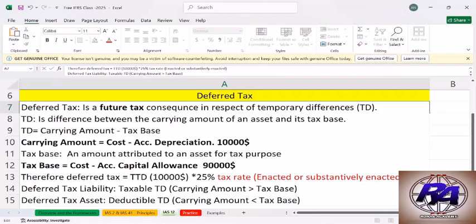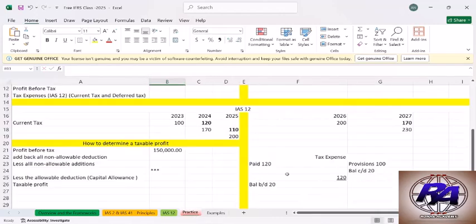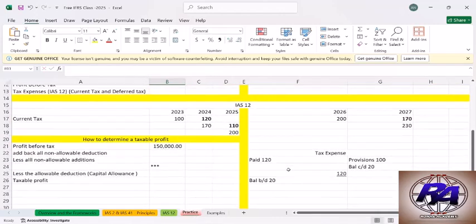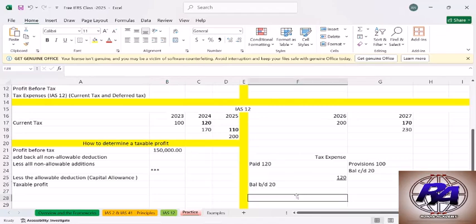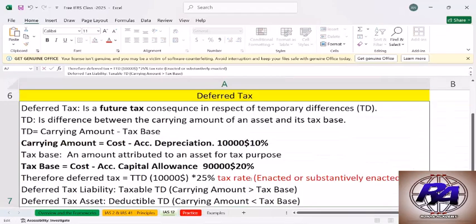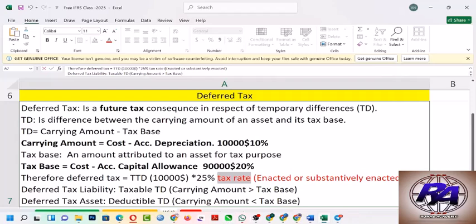So let's take a practice over here. Let's say we are dealing with 2025, and we have March. The tax rates should be the rate that is enacted, or being enacted if it has passed the substantive stage, and we are using the most current tax.